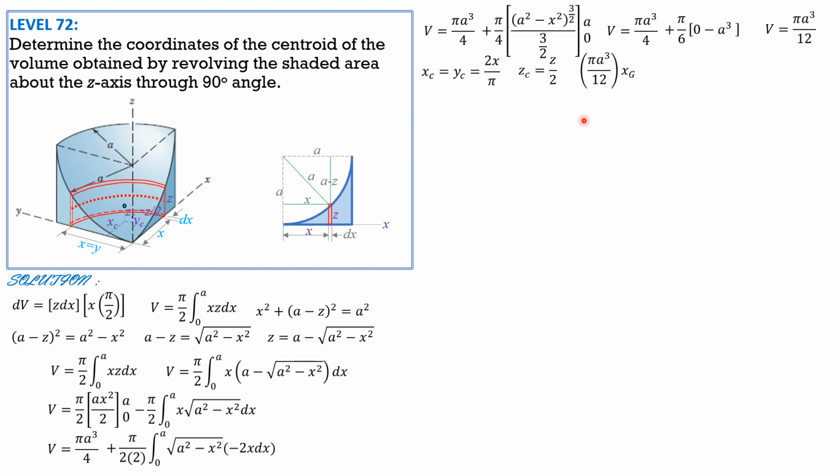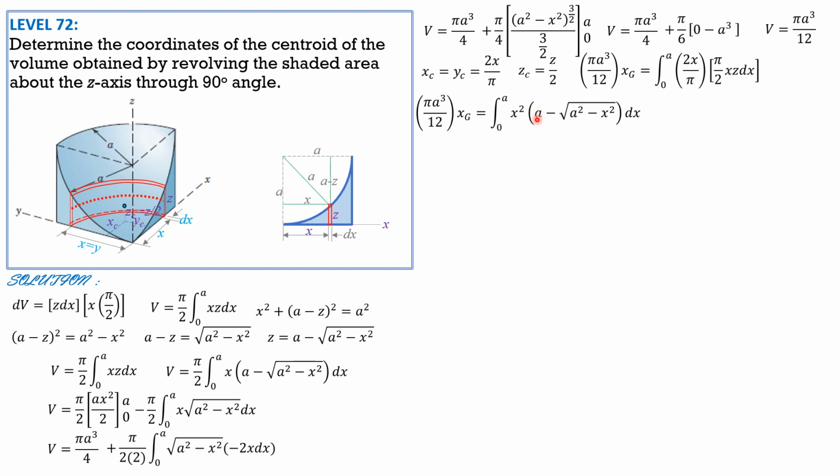So pi a cubed over 12 x sub g equals integral from 0 to a of 2x over pi. Then differential volume is from here, pi over 2 xz dx. Simplifying, pi a cubed over 12 x sub g equals integral from 0 to a of x squared times z, and z is a minus square root of a squared minus x squared dx.